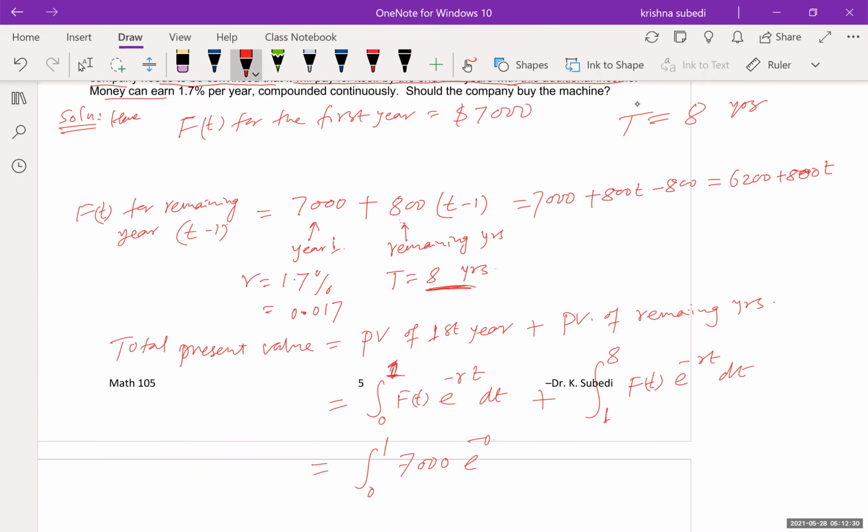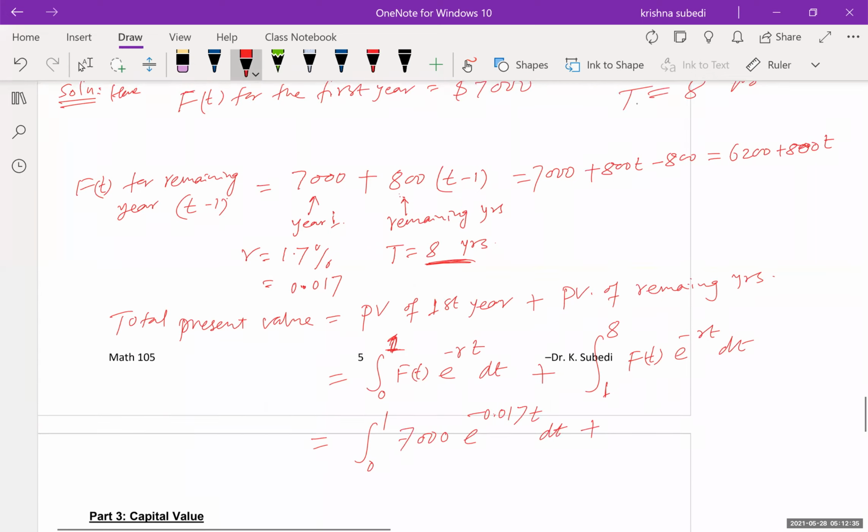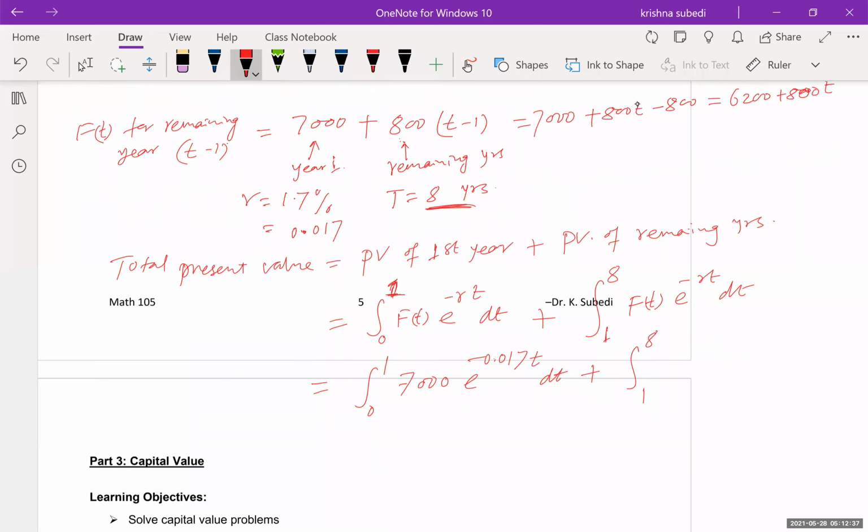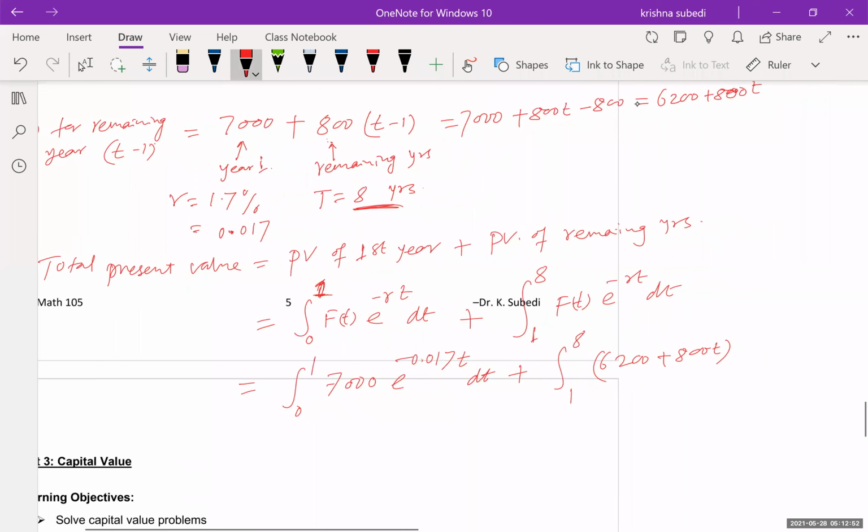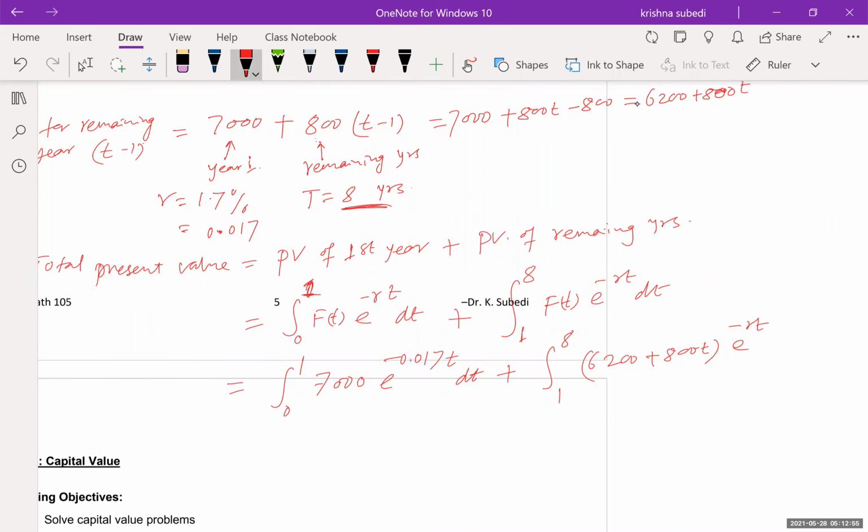R is 0.017, so e to the negative 0.017t dt, plus this guy will be 1 to 8, and f of t for the remaining year, we already calculated, not 7,000 here, which is 6200 plus 800t, times e raised to power negative rt dt. R means, let me just plug in the value, negative 0.017t dt.